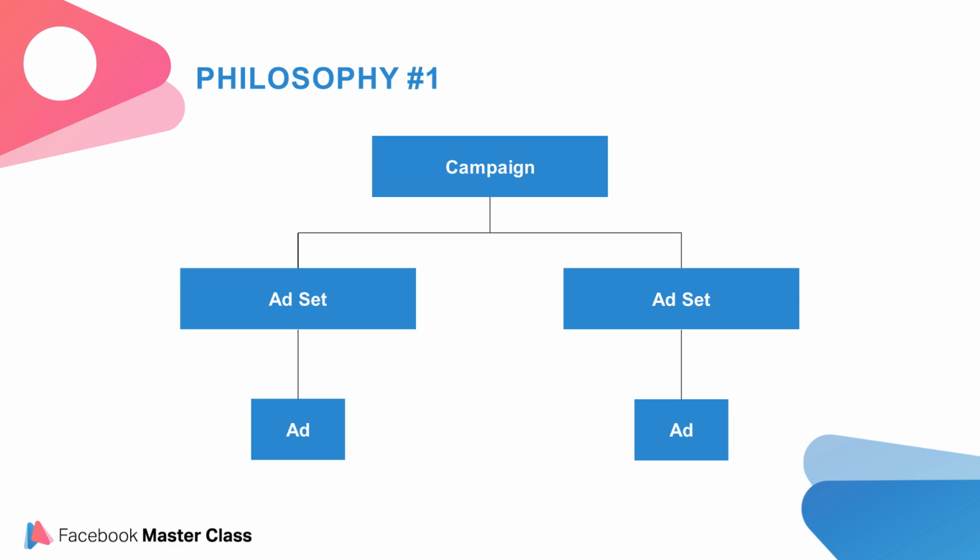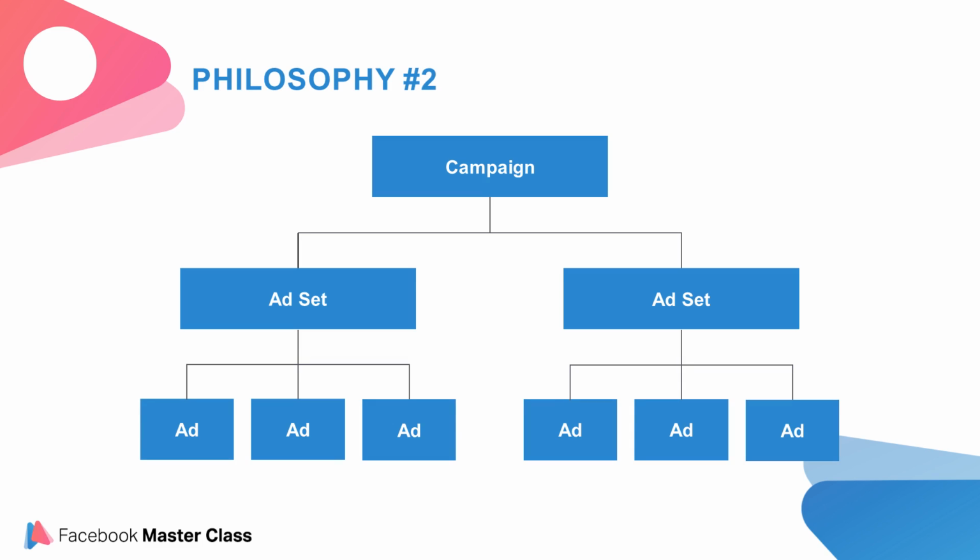So with philosophy number one, you have the campaign level, then you have underneath that campaign one or multiple ad sets, and underneath one ad set, you have only one ad. You do not have, and that is really important, multiple ads. You have only one ad underneath one ad set. And that's a big difference if we compare philosophy number one to philosophy number two.